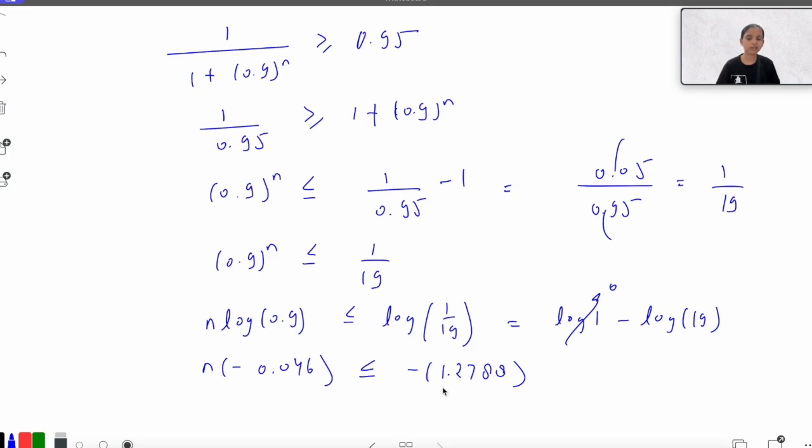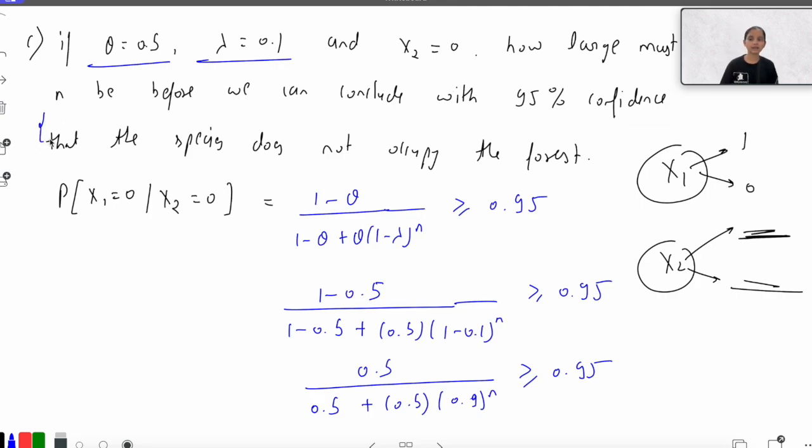Now multiplying by minus on both sides, the inequality changes, so n is greater than or equal to 1.2788 divided by 0.046. Divide this result, and whatever you get is the sample size that you are going to require for this statement to be said, that there is no species of that particular type in that forest, given that there is no sample of that species.